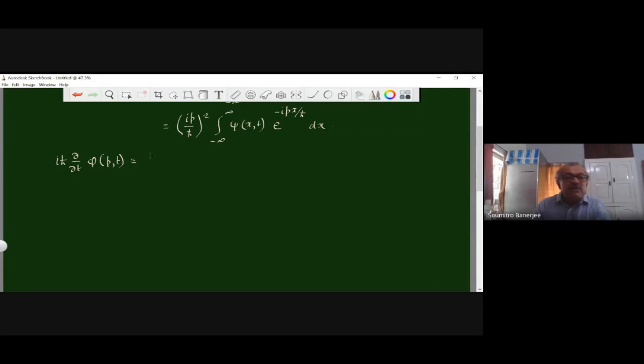This will now become 1 by root 2 pi h cross, p square by twice m, integral, this what we have got, psi(x, t) e to the power minus i p x by h cross dx. Then the next term, the second term, is 1 by root 2 pi h cross, integral from minus infinity to infinity.